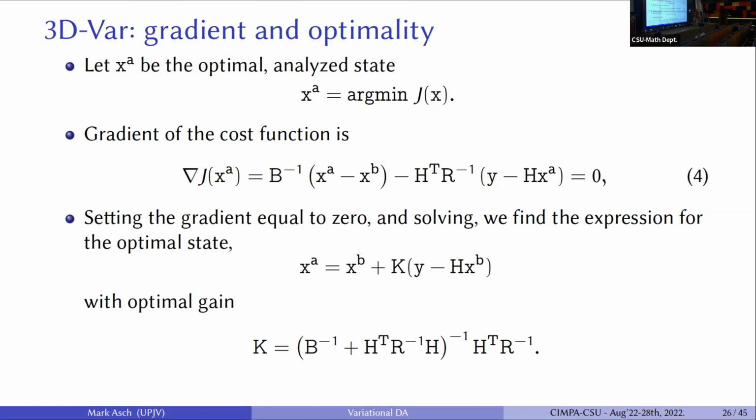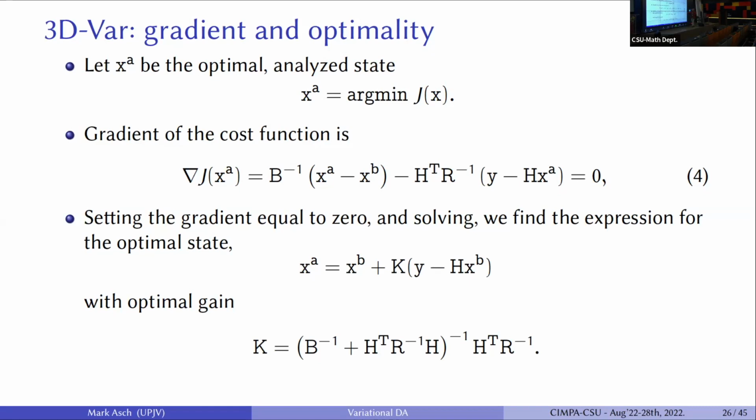So let's call xa the argument, in other words, the value of x for which j of x attains a minimum, right? Then the gradient of the cost function, you can just take the cost function on the other slide, and you can see just differentiation of vectors is a rather simple extension of differentiation of scalars, and you see that the differentiation gives you this expression. We know now, the same as in classical calculus, it's the same in variational calculus, to find the minimum, set the gradient equal to 0, and solve.